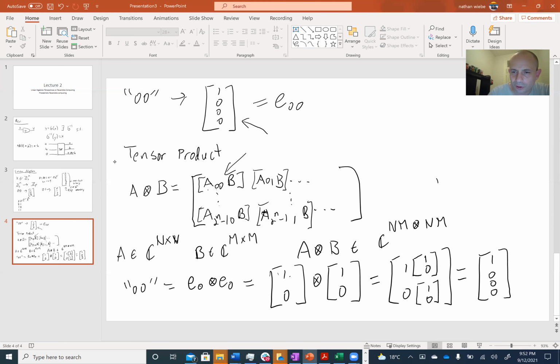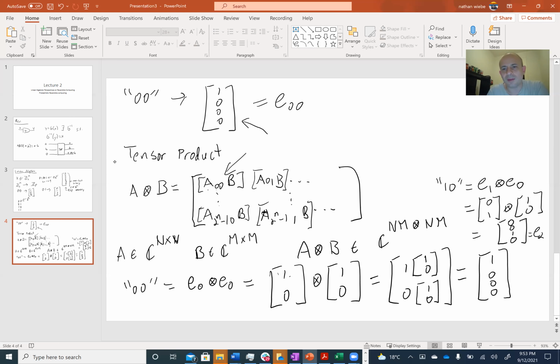Similarly, if we wanted to do 1, 0, this would be E1 tensor E0, which is, of course, 0, 1 tensor 1, 0. And going through the exact same analysis, we end up finding that this is 0, 0, 1, 0, which, of course, is E2.